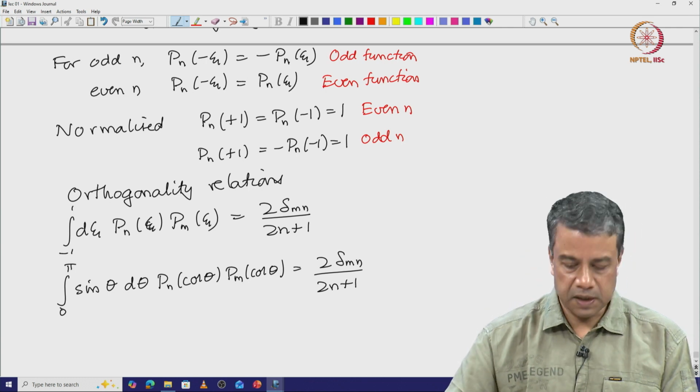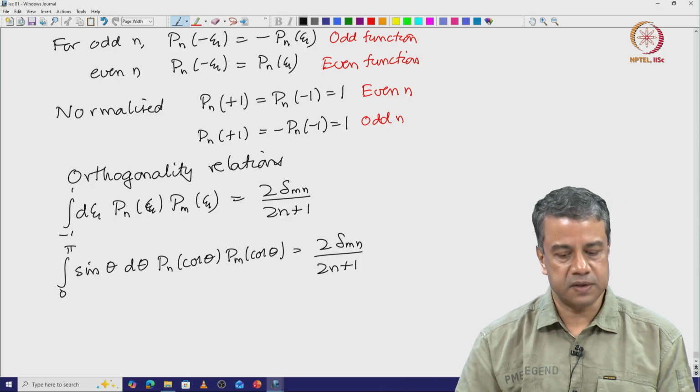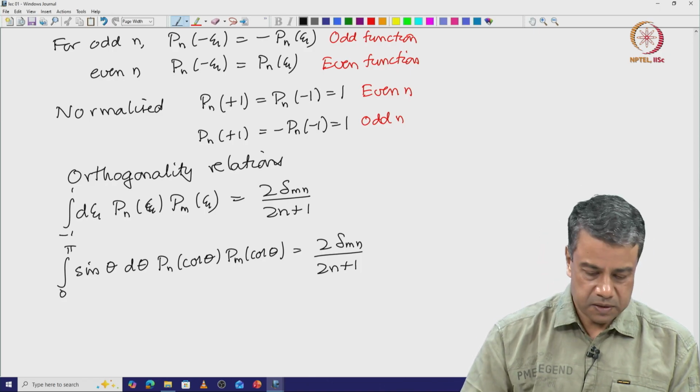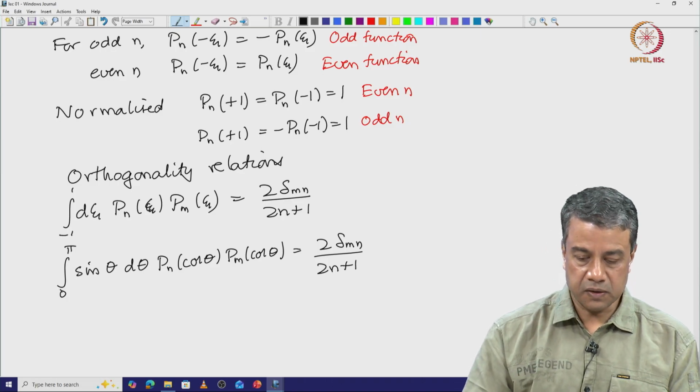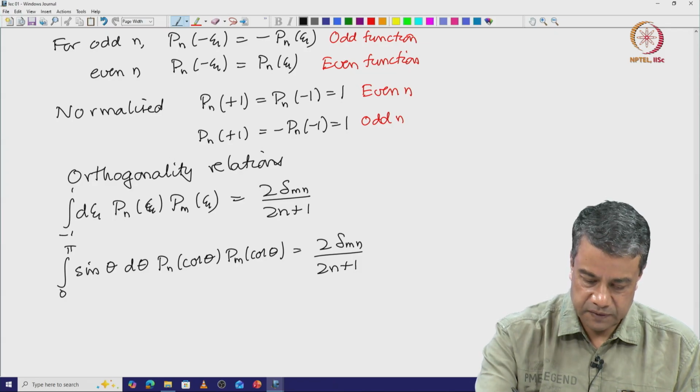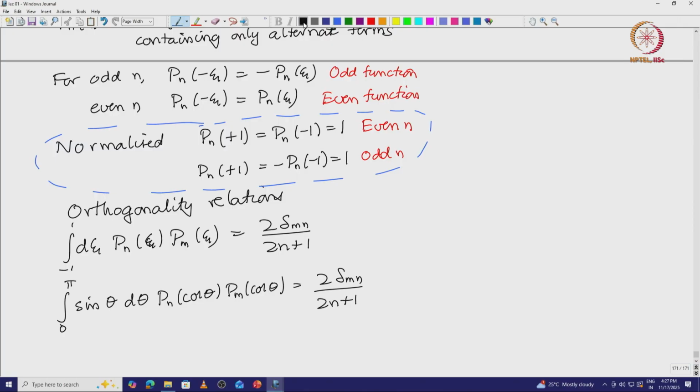So, this is the orthogonality relation in terms of theta, and this is the orthogonality relation in terms of psi, which is cos theta. So, these Legendre polynomials satisfy orthogonality relations. These orthogonality relations depend upon this normalization that Pn at plus 1 is equal to Pn at minus 1 is equal to 1 for even n, and you can write down the first few Legendre polynomials.